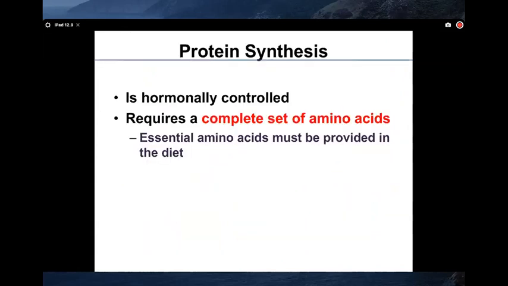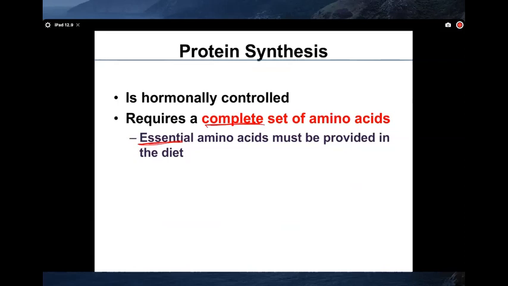All right, so what we're gonna be doing if we need proteins, we need to have a complete set of amino acids. And not all the amino acids can be produced in your body, so you need to get them with your diet. So we call those amino acids that need to be ingested the essential amino acids.